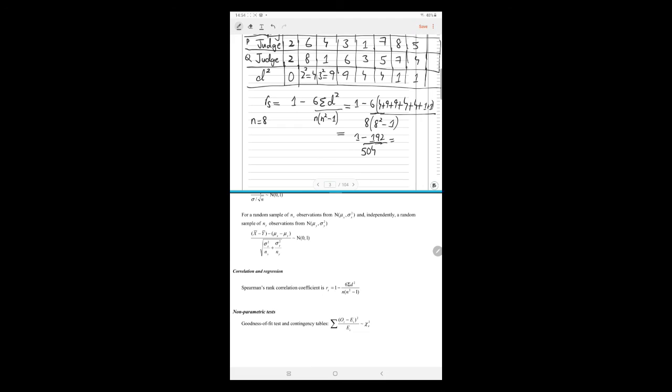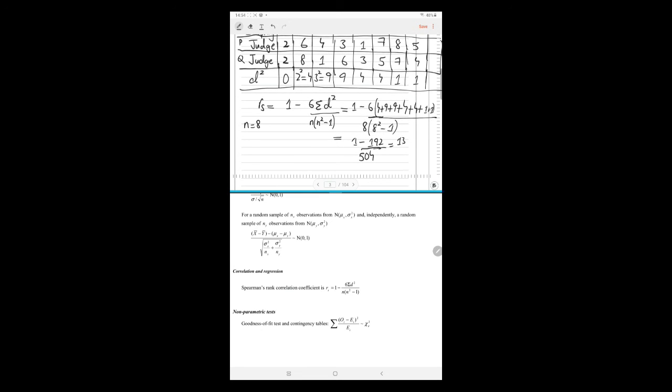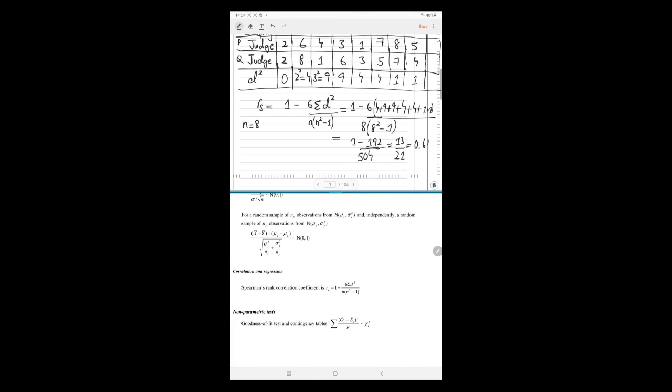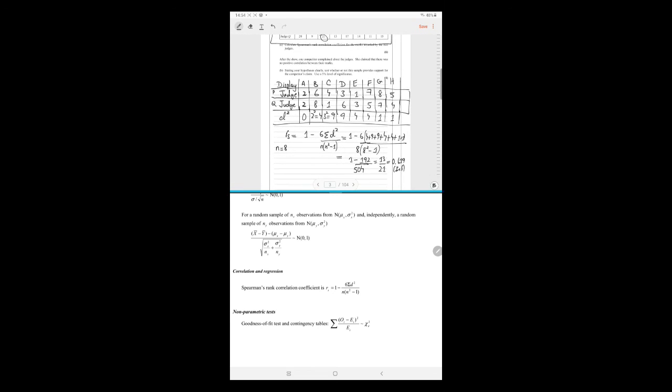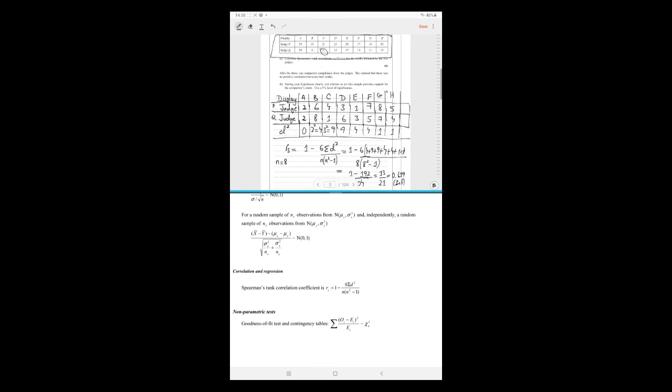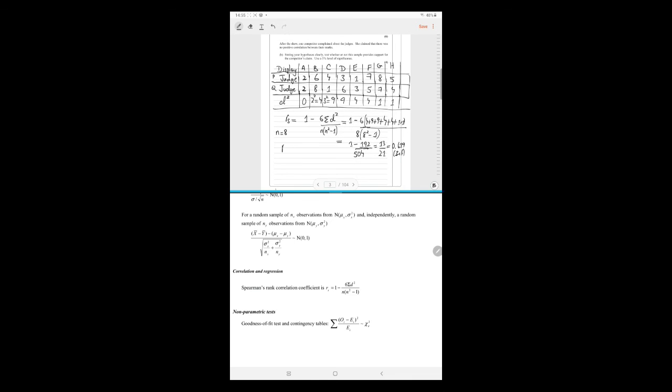So you have 1 minus 192 over 504. And that's 13 over 21. In decimals, that's 0.619 to 3 significant figures. So that's your rank correlation coefficient, 0.619. That's pretty strong actually. There is some agreement.